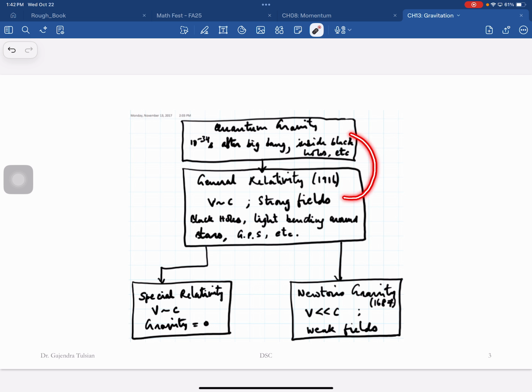And we waited another 100 years and we don't have the final theory yet. So the final theory will be a quantum theory of gravity. We need a quantum theory of gravity to be able to say what happens inside a black hole. We don't have that yet. What Einstein says about what happens inside a black hole is not the final word.